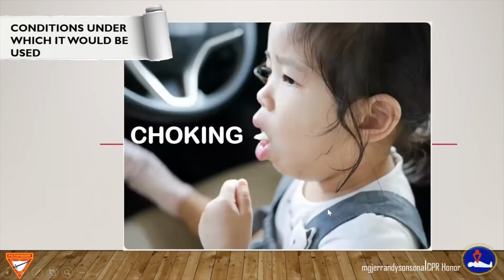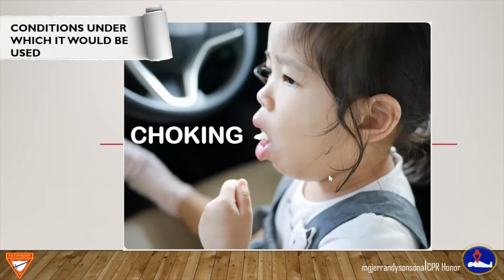Another one is choking. Choking blocks the trachea, and the patient cannot breathe, and it will also collapse the lungs. When the lungs are unable to inhale oxygen, the lungs will just collapse, and then also the heart will follow.